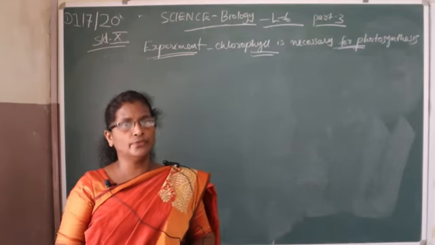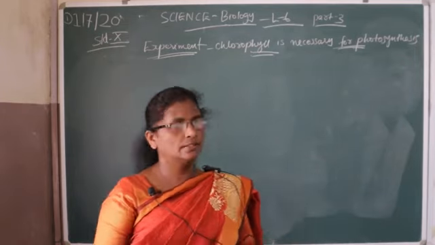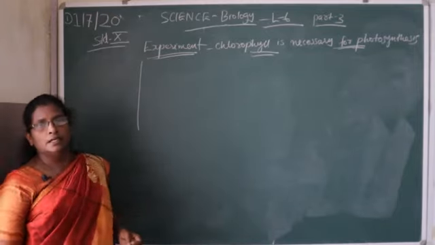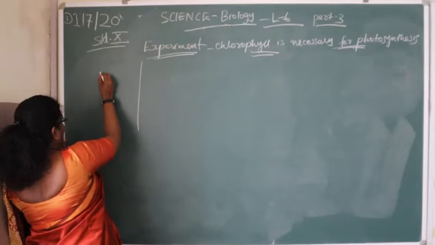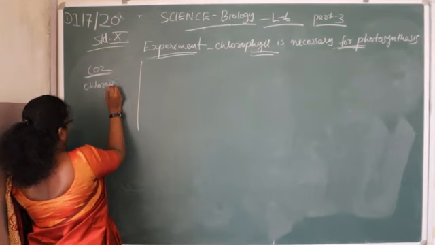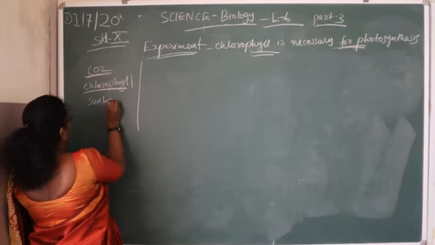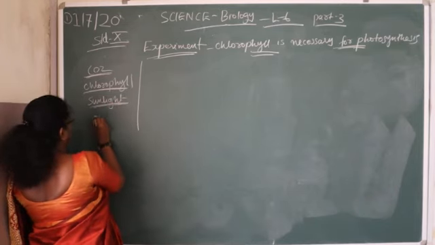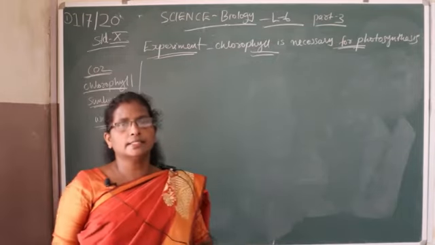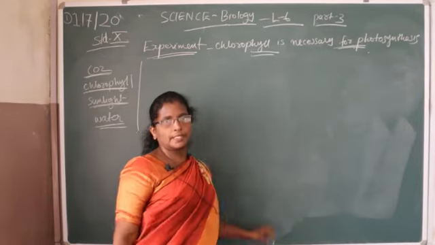For synthesizing food, the plant needs various factors such as carbon dioxide, chlorophyll, sunlight and water. These are the essential factors needed for photosynthesis, preparing the food.